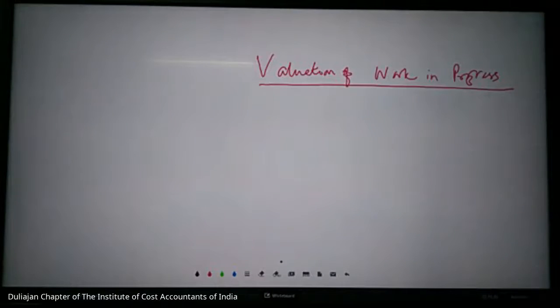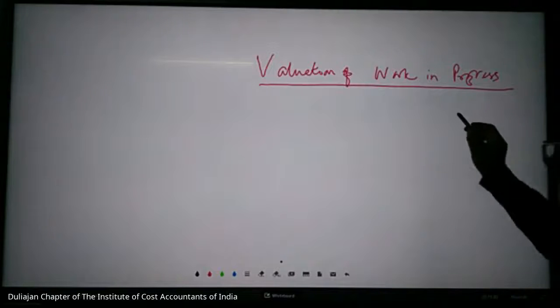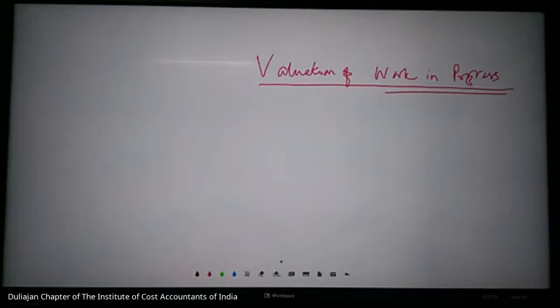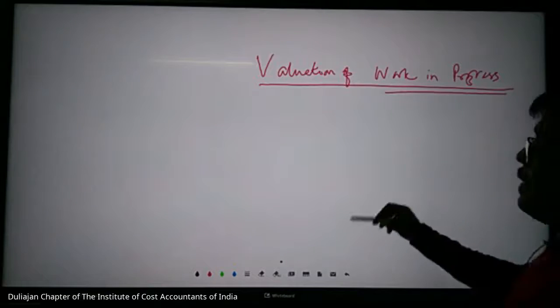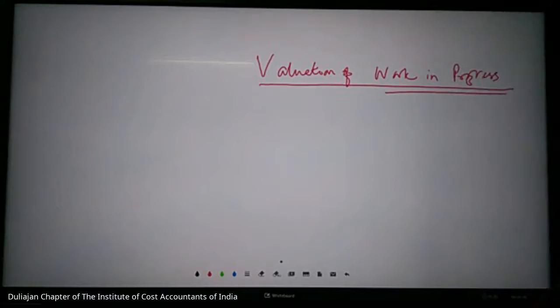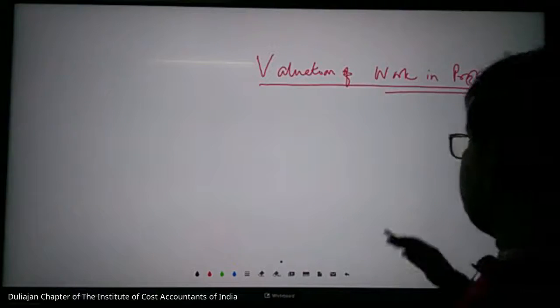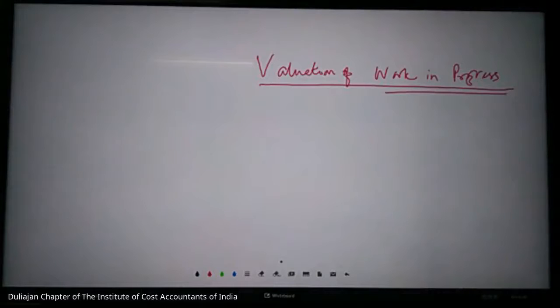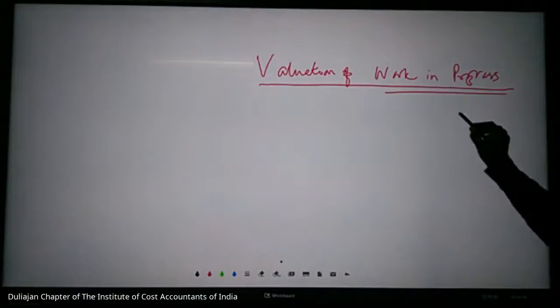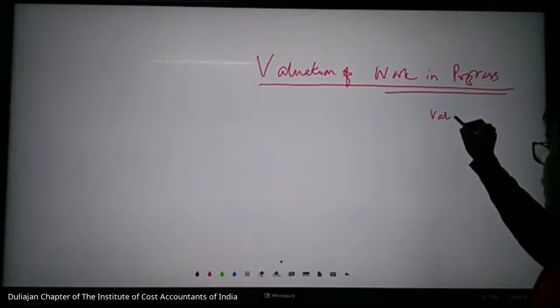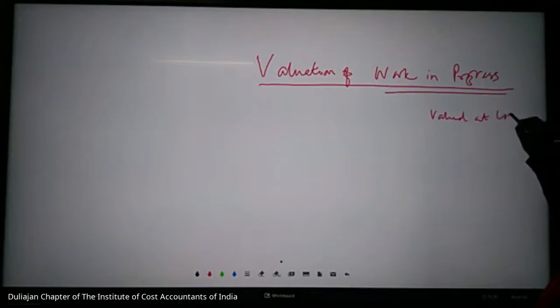You might have studied in your financial accounting also. How to do valuation of that? We are doing some work which is not yet completed, but we need to do the valuation. How much value of the work done to show at cost. It should be valued at cost. Now, what is the cost? Again, it comes at what cost it should be valued.